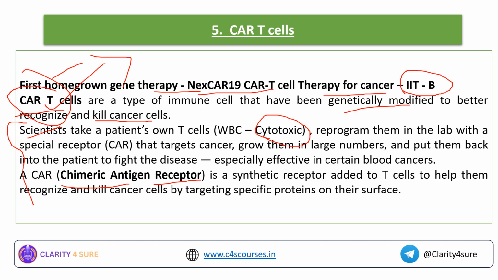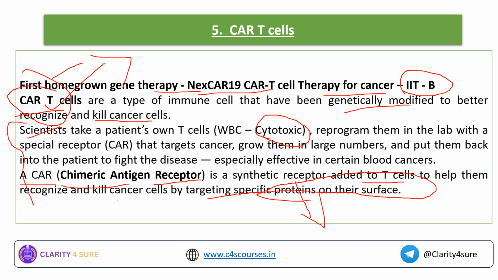These CAR T cells will be grown in large numbers, and when those cells are infused or injected into the cancer patient, these CAR T cells have the ability to better recognize the cancer cells and kill them. Okay. So as I already told you, this CAR is a synthetic receptor added to the T cells to help them recognize and kill cancer cells by targeting specific proteins on the surface.